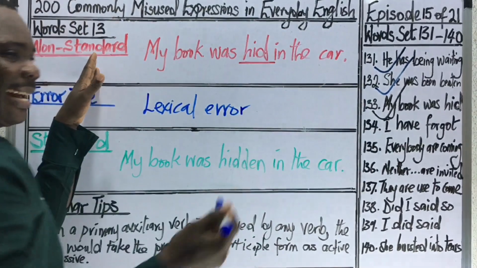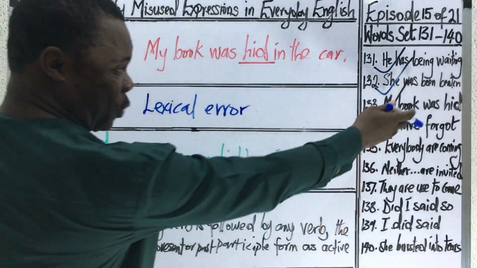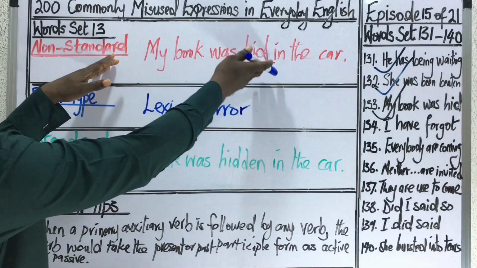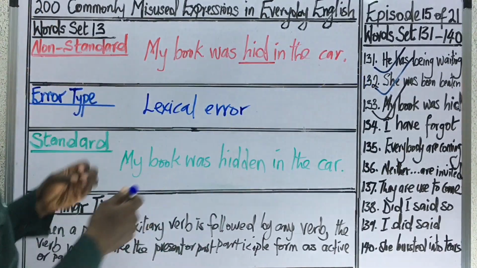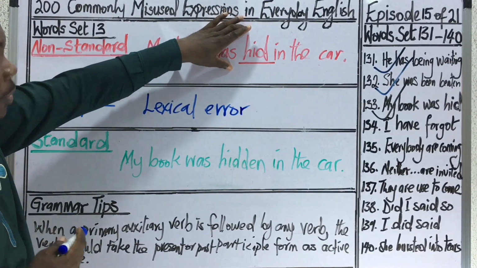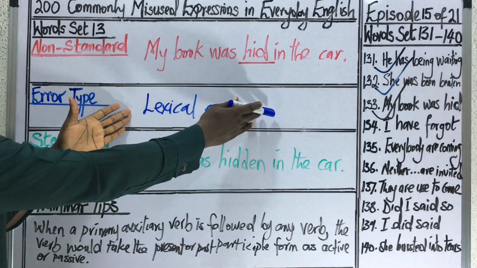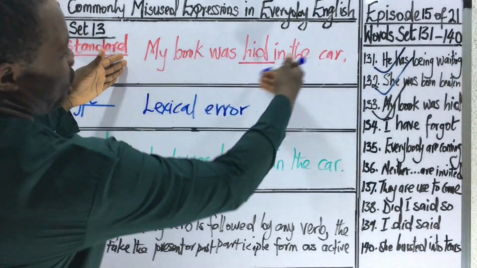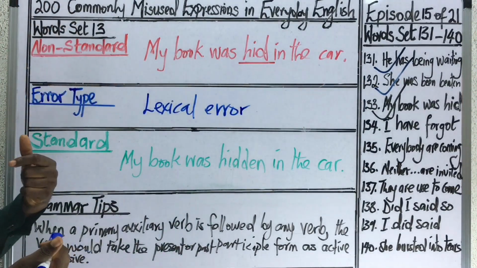Third non-standard expression from word set 133 is "my book was hid in the car," with the word "hid" underlined in the expression to indicate a lexical error as the error type to which this expression can be classified.